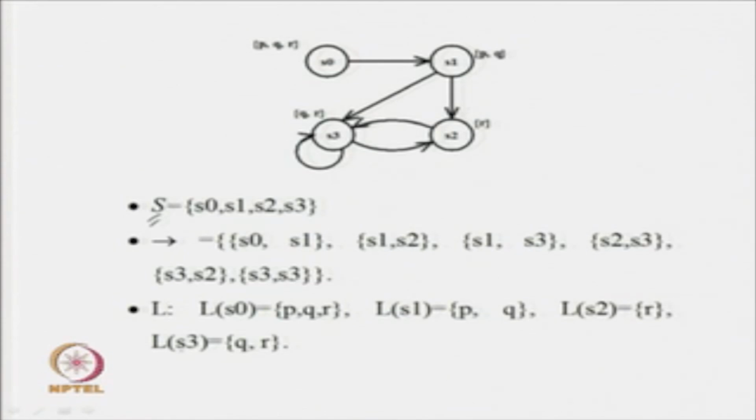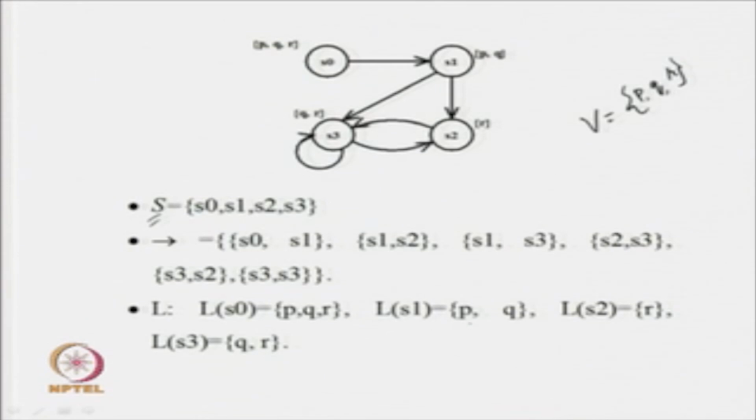You can say that we are having this labeled over here, that means we are having a set of atomic propositions, and the atomic propositions that we are having here are P, Q and R. So, S0 is labeled with P, Q, R, it says that all of P, Q, R are true over here. So, label of S0 is P, Q, R. In S1, P and Q are true.